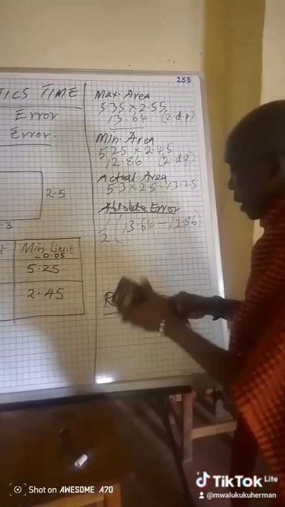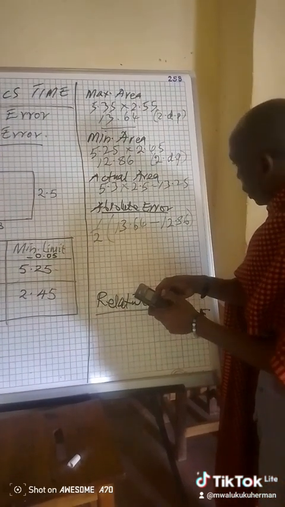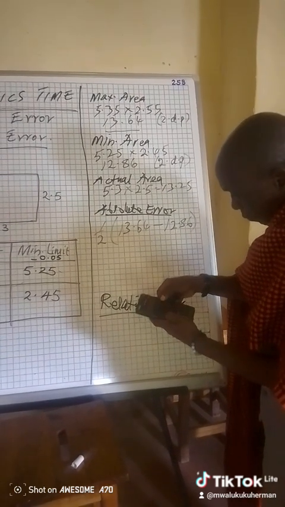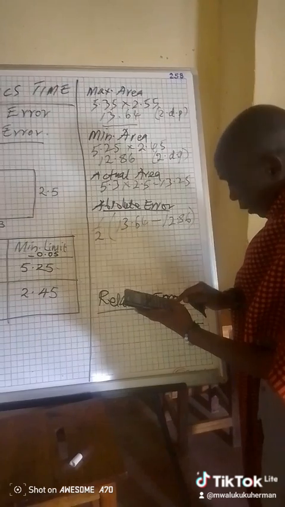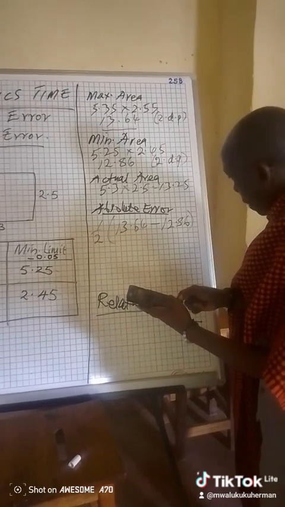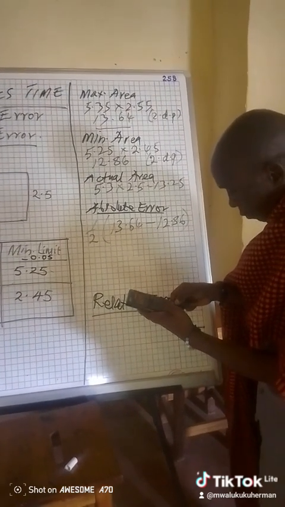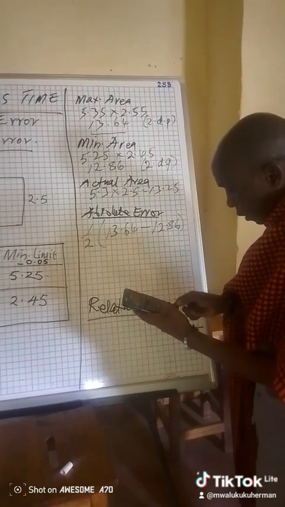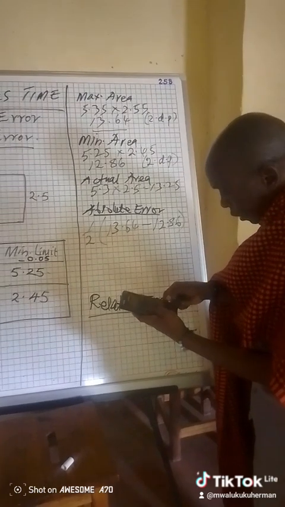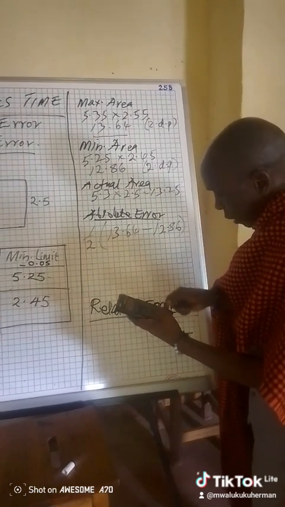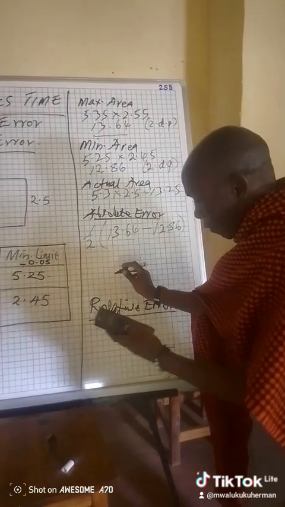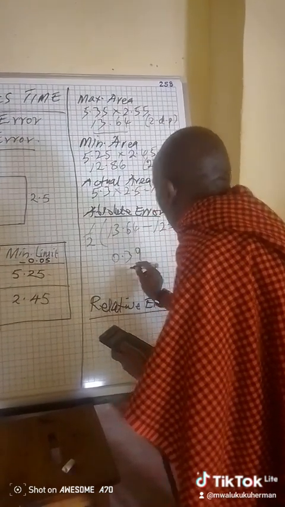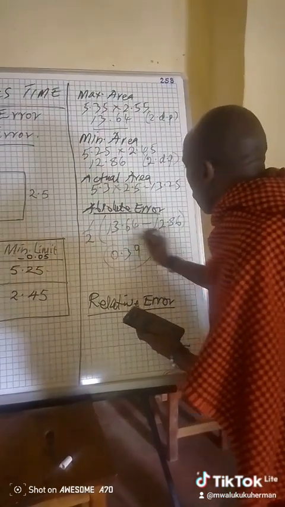And using the calculator, this one is going to give us 13.64 minus 12.86, and the answer that we get, you divide by 2, or you multiply by a half. This one gives us 0.39.